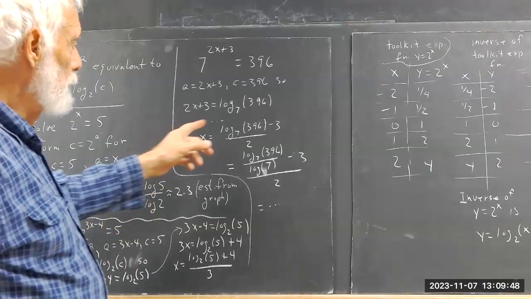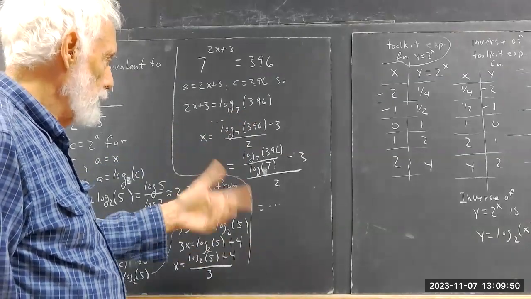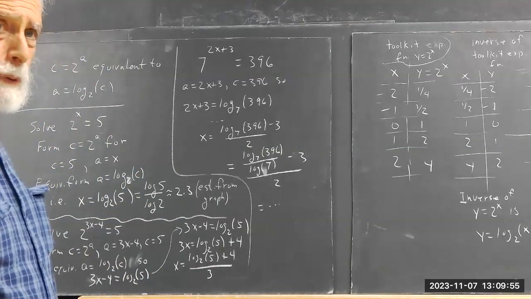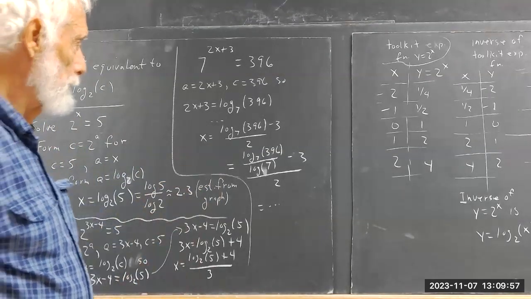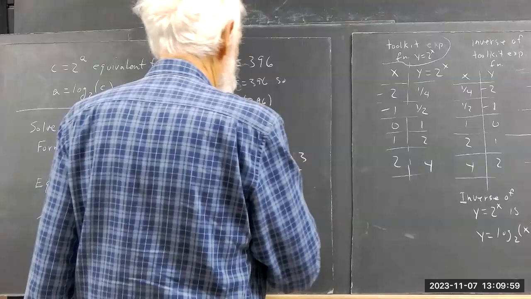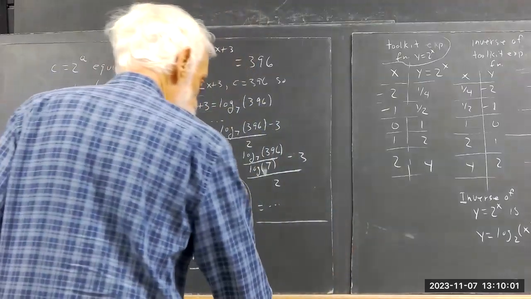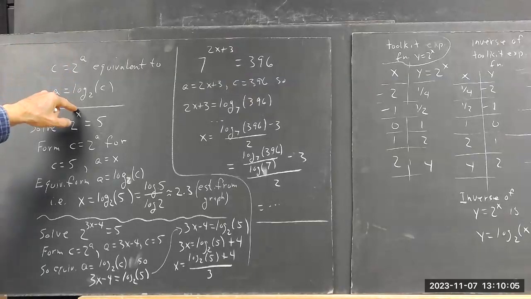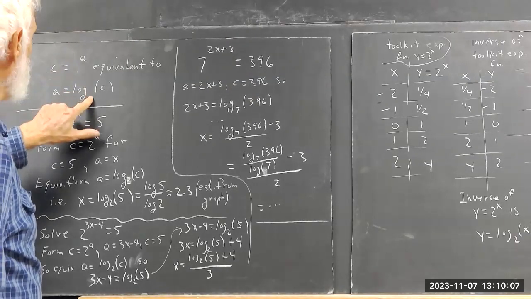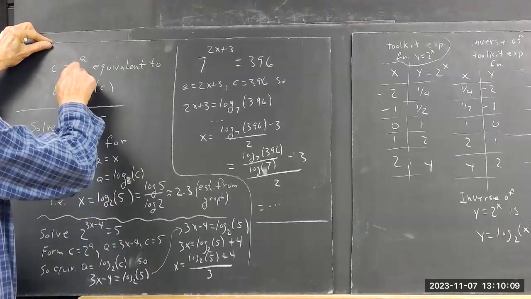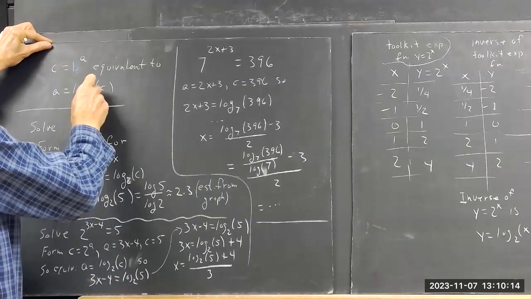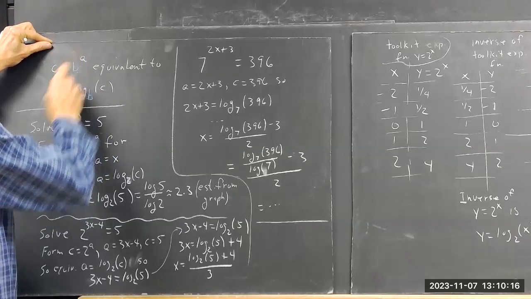Now log base 7 of 396 is a little over 3. So a little over 3 minus 3, divided by 2, is going to be maybe 0.05, 0.07, something like that. But whatever. So what I can do is generalize this rule, where instead of 2, I've got b.